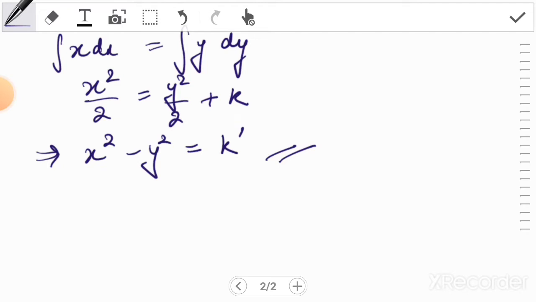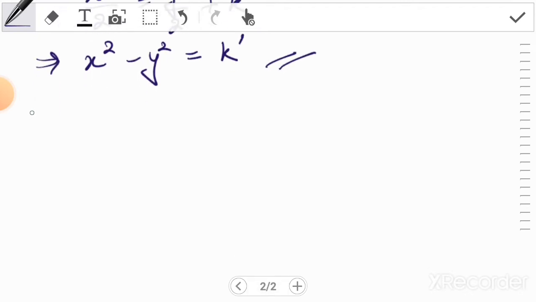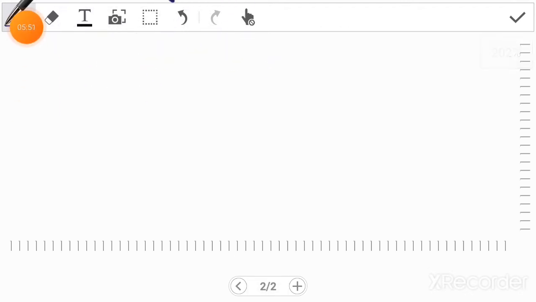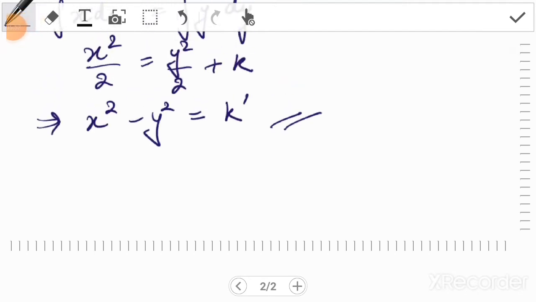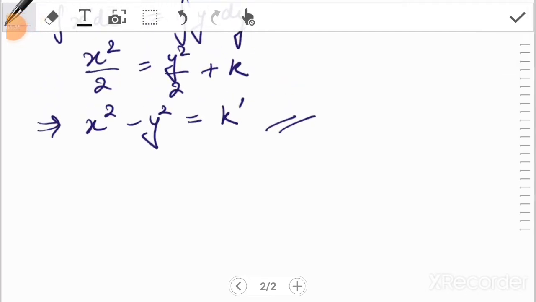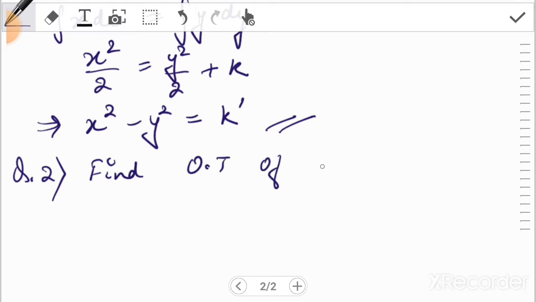Okay. Now let us see the orthogonal trajectory of a polar curve. So find the orthogonal trajectory of r is equal to a times 1 minus cos theta.